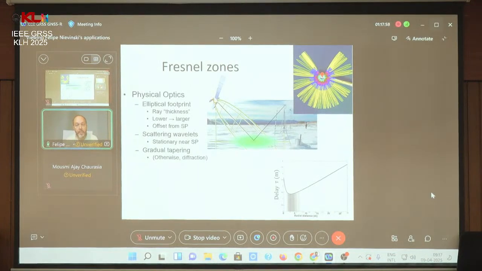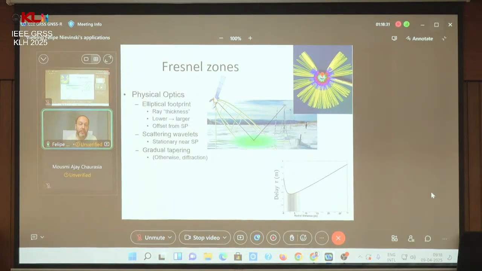Right? You get a different delay for each surface patch. So we call that the bistatic delay. And the bistatic delay will find the specular condition at the specular point. First, it will be the smallest possible bistatic delay that will take place at the specular point.